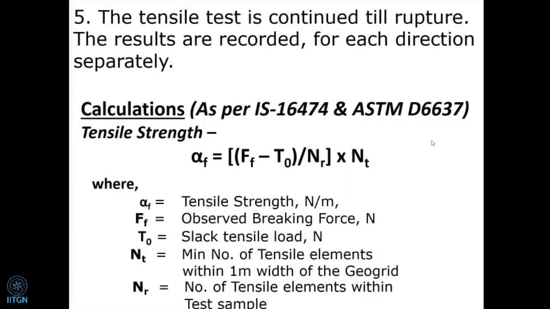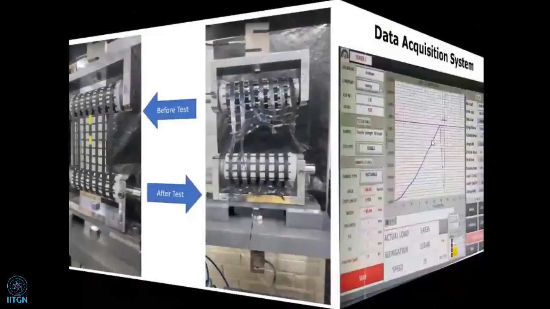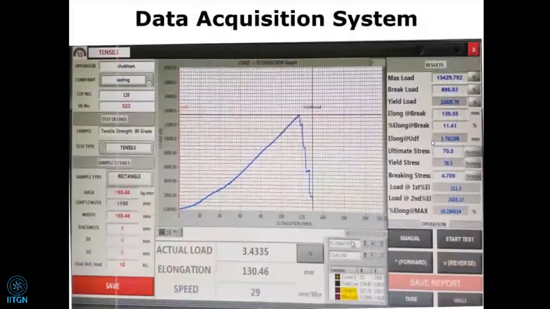Now the tensile test is continued till the breaking force comes into the picture, and then we have to note down that breaking force. It is shown in this figure. See, this is the data acquisition system. As the tensile test progresses, the load increases as well as the elongation increases.